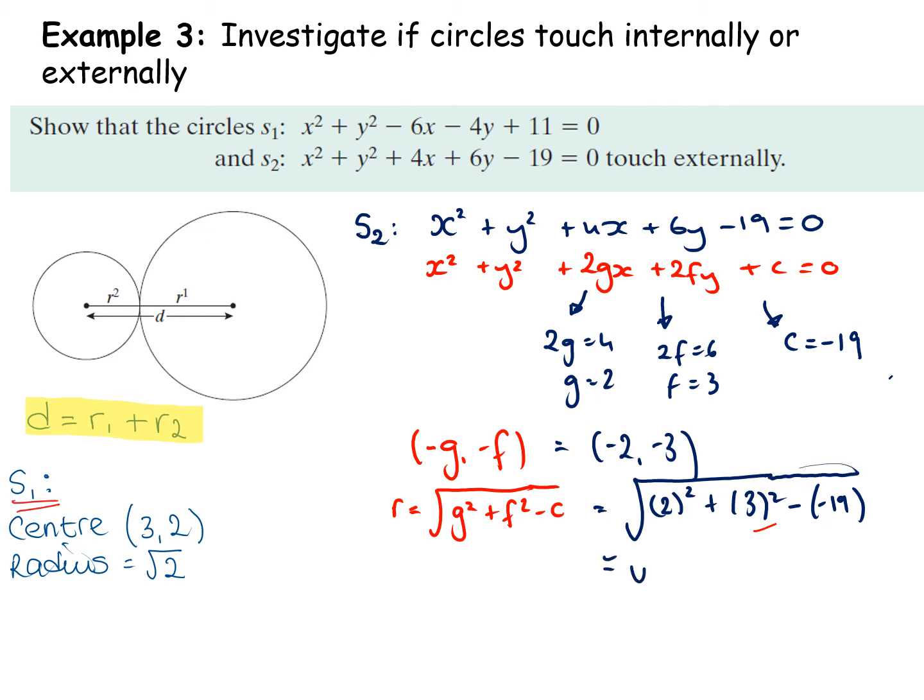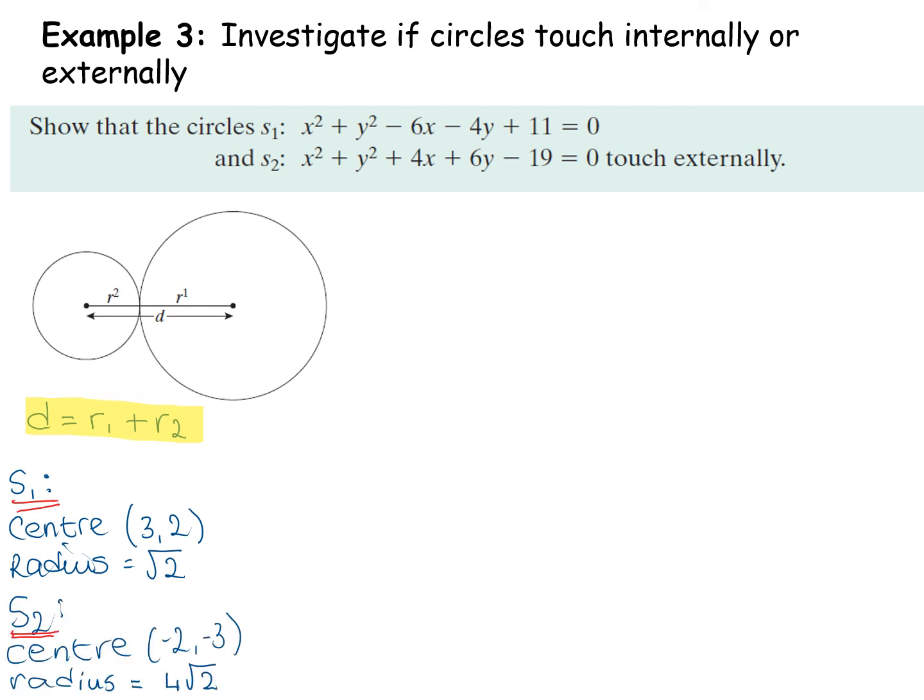And that gives me root 32, or 4 root 2 when it's simplified. So now that we've got the details of both circles, we have the center of both circles and we know the length of the radius for both circles, we're now going to get the distance between the center points and compare them to the sum, so when we add together the two radii.